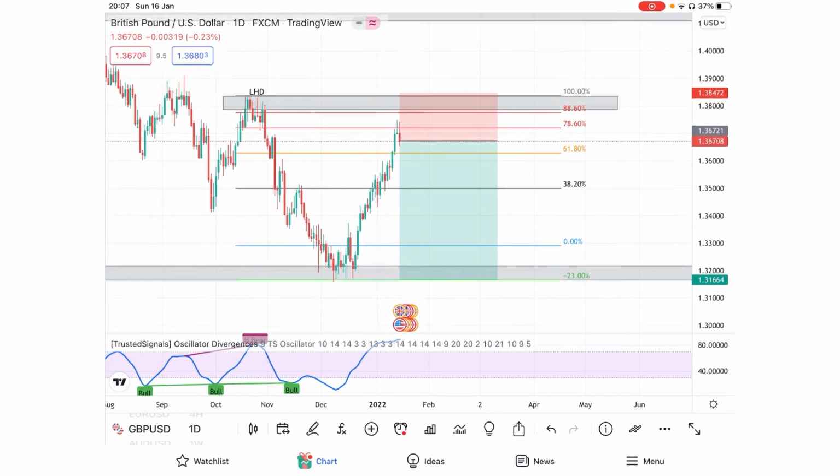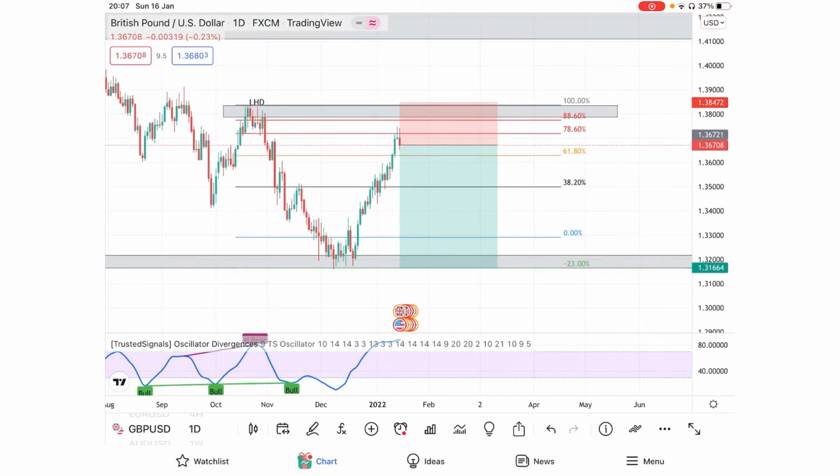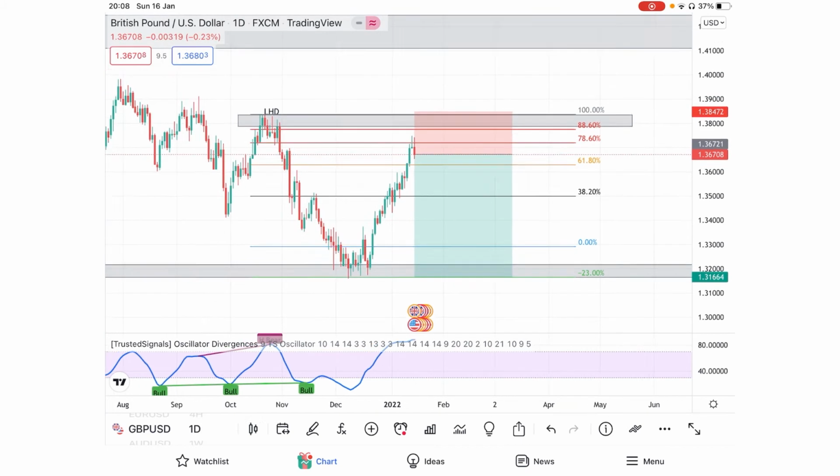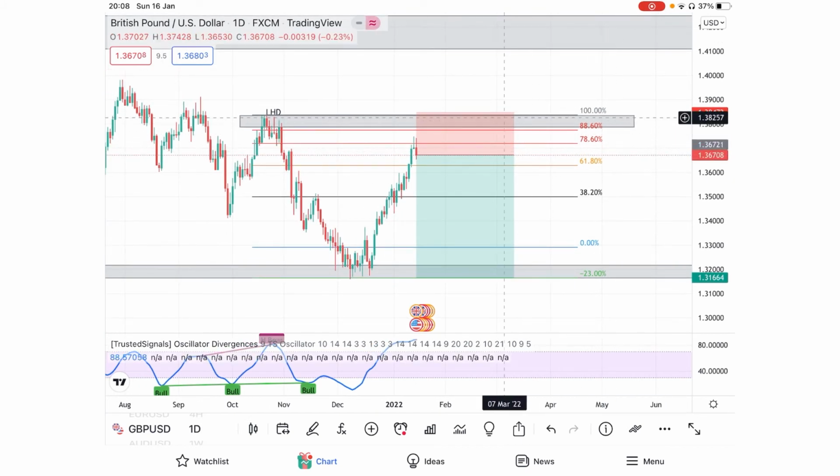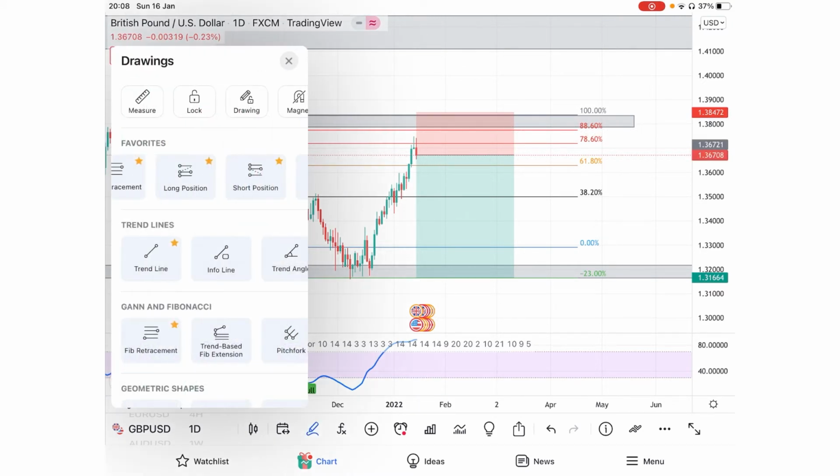But as I said, if you want to play it safe and don't risk it, you can just wait for price to approach the LHD to see how it reacts to it. If you see bearish pressure, bearish candlestick patterns forming around this area, then you can enter a sell there. If you see this happening right here, let me show you.